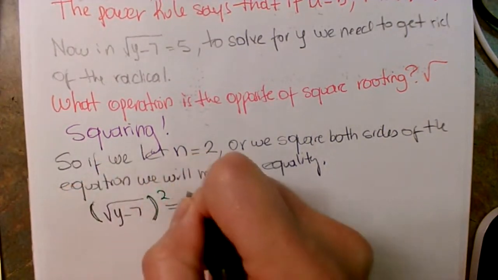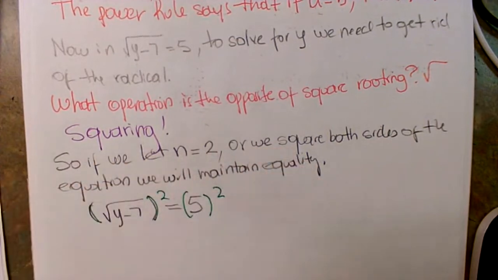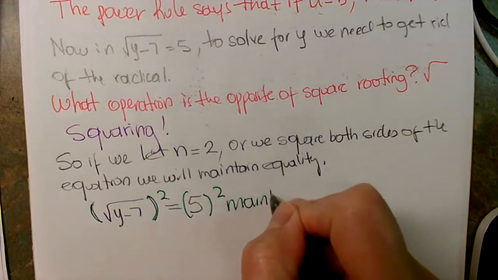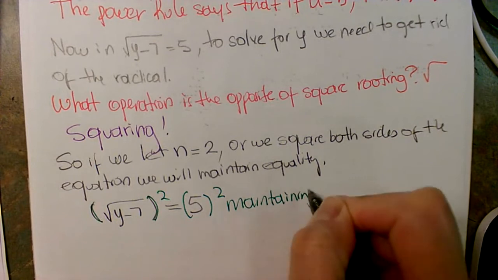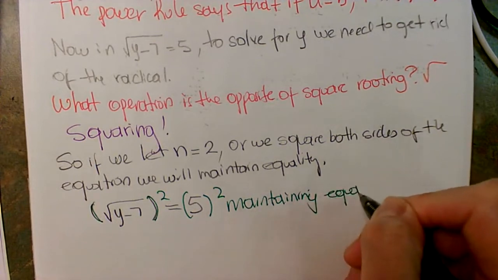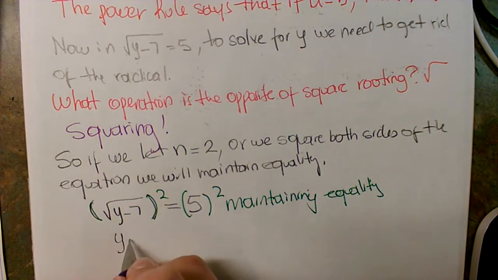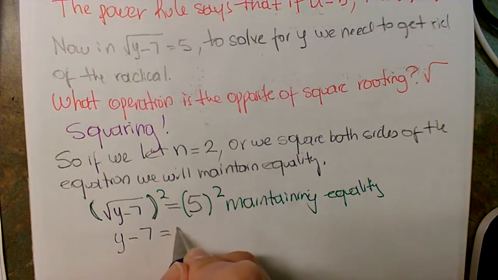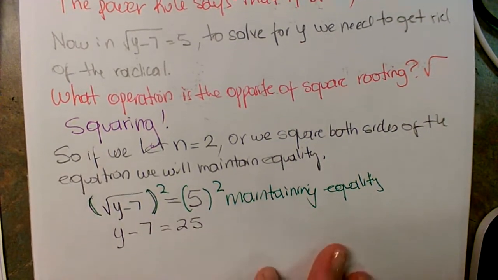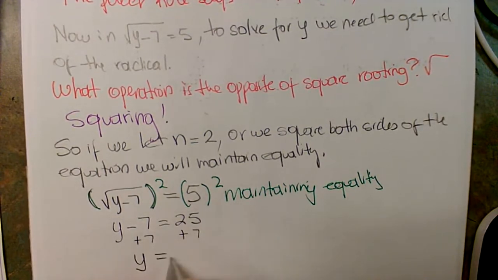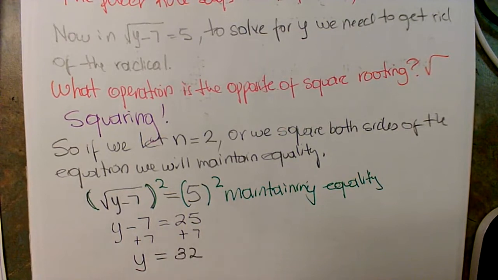If we do that, the square root goes away, and what we have is y minus 7. 5 times 5 is 25. We're going to add 7 on both sides, and we have y equals 32.